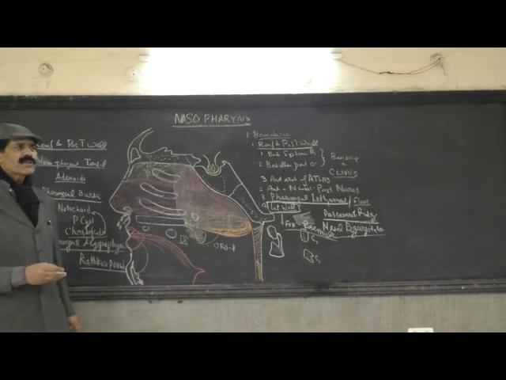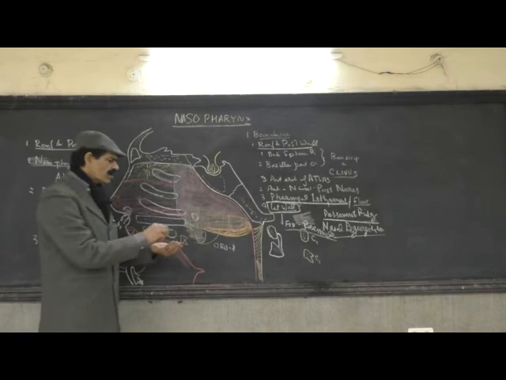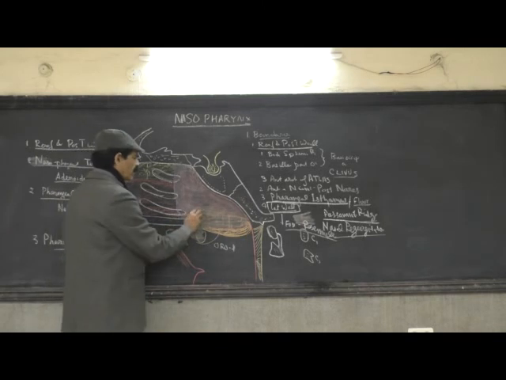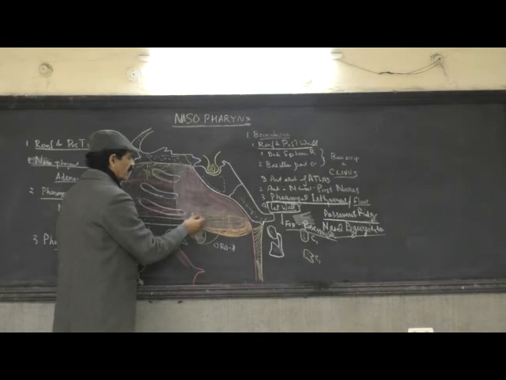It is caused by the raised mucosal fold in the roof and posterior wall. Because of this, the eustachian tube opening is tucked down, and this forms the fossa of Rosenmuller.